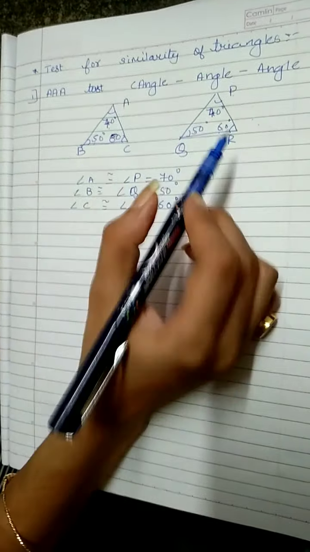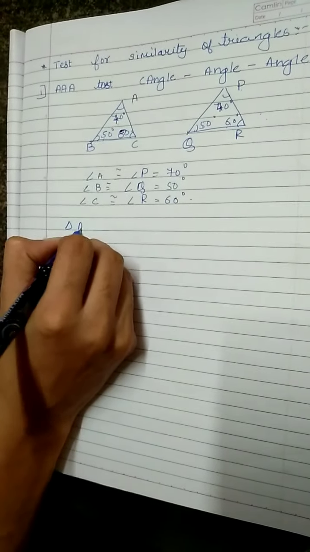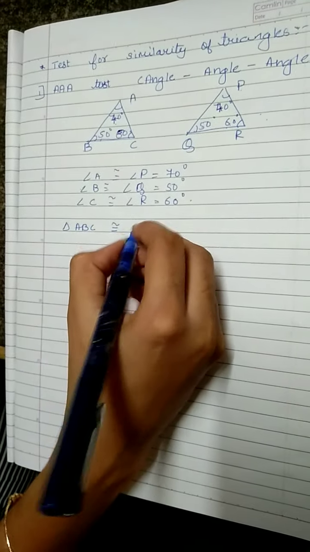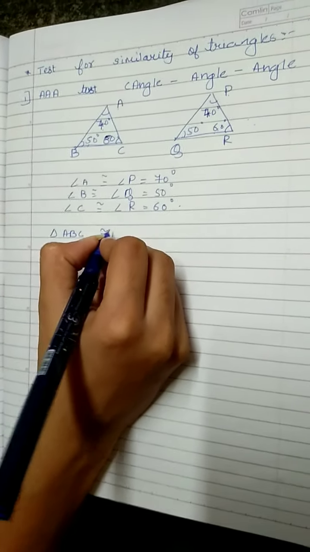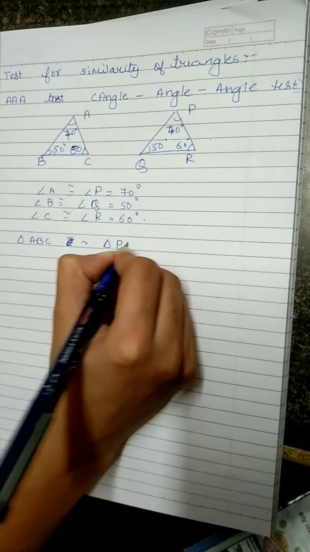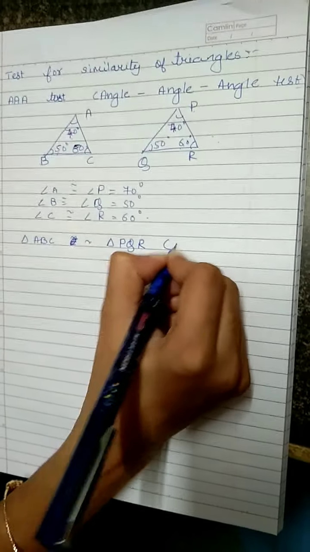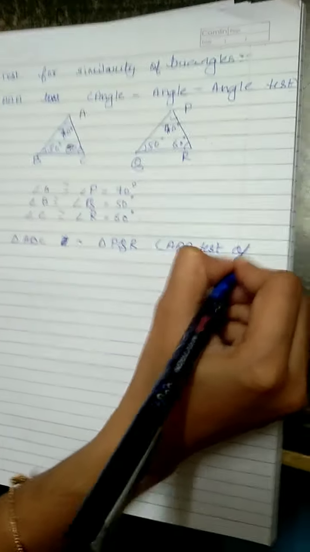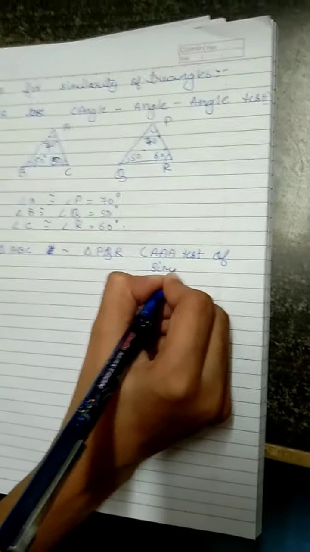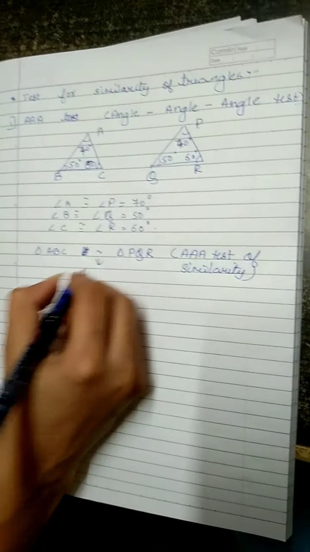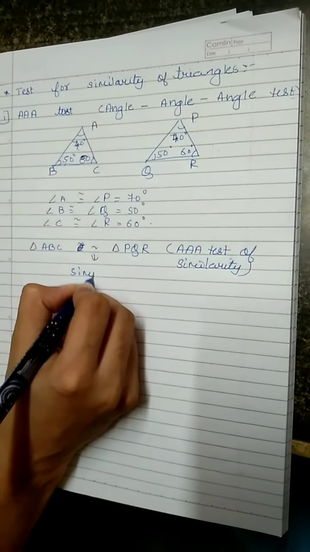Therefore, triangle ABC is similar to triangle PQR by AA test of similarity. This sign is of similar.